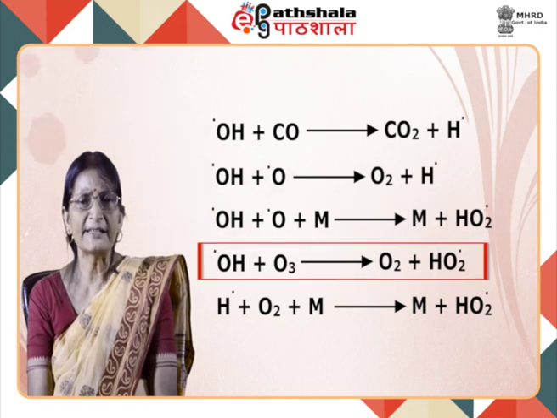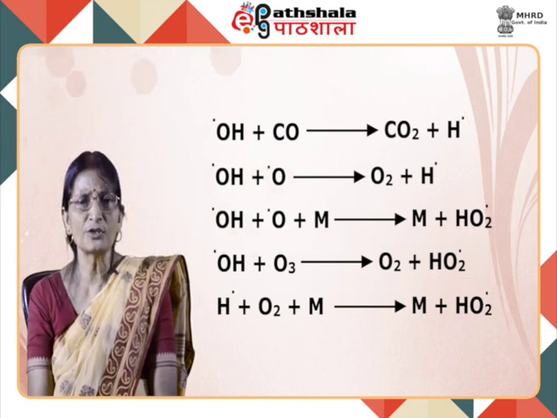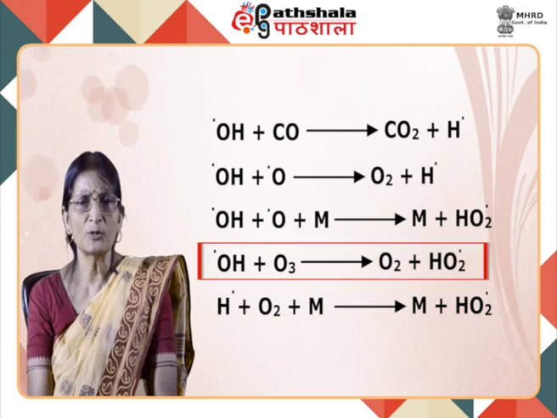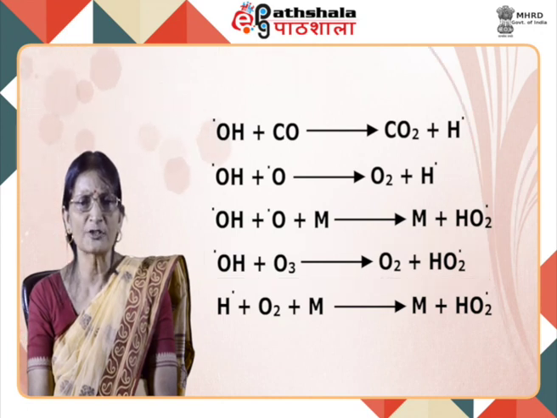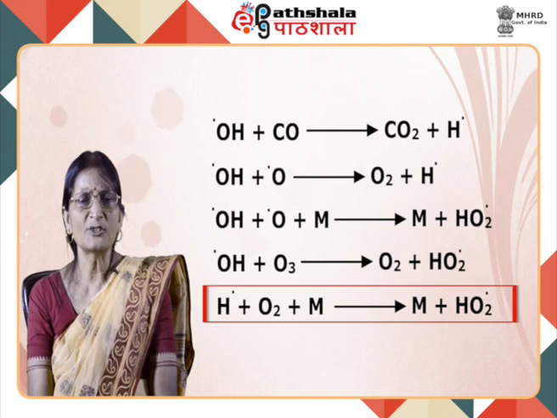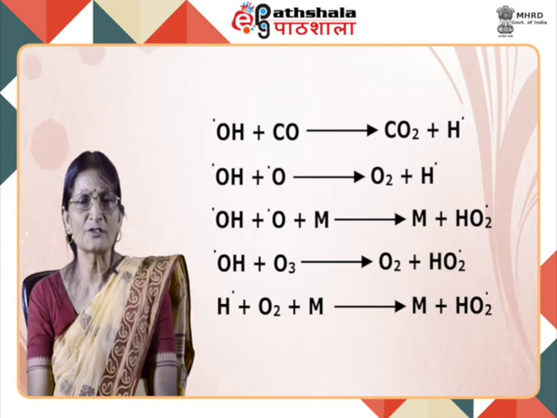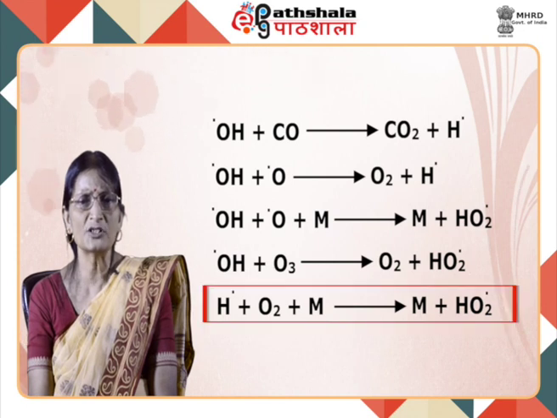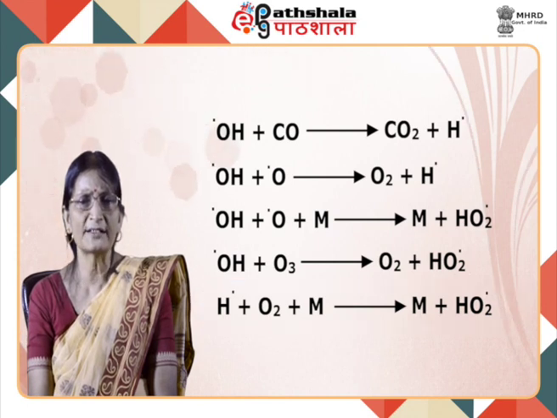A hydroxyl radical may also combine with ozone to give molecular oxygen and a hydroperoxy radical. A hydrogen atom may combine with an oxygen molecule in the presence of a third body to absorb the energy to give a hydroperoxyl radical as well. So a large number of radicals and atoms can be produced rapidly by these reactions.